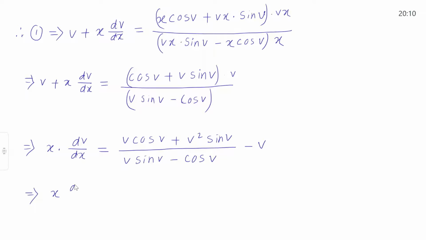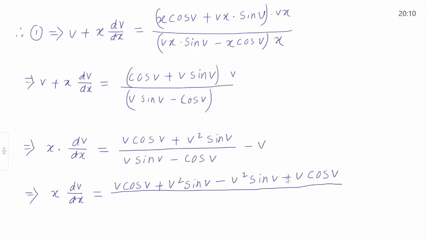x dv/dx is the left-hand side, is equal to LCM, so it is v cos v plus v square sin v minus, multiplying it in, so it is v square sin v minus minus plus v cos v is the numerator after taking LCM.